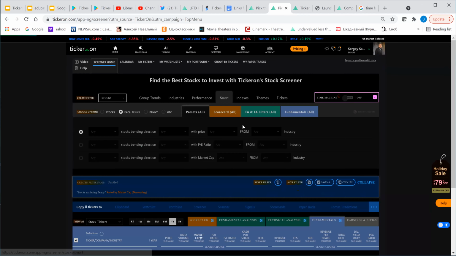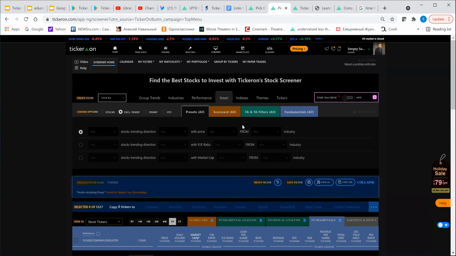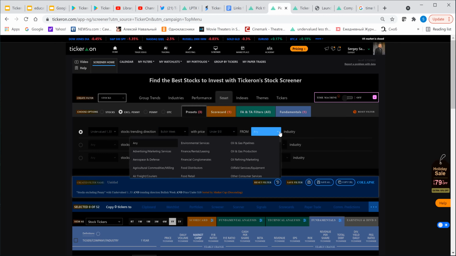This is a type of smart creation of the features. Okay, so it's kind of preset. So for instance, let's look at that. Any undervalued stocks, and then stocks trending in a bullish direction for a week, let's say, okay, with a price under, let's say, I want to trade under $10, from what industry?